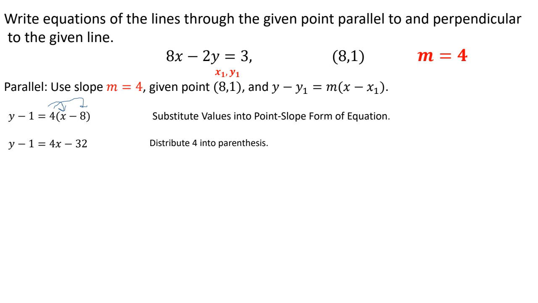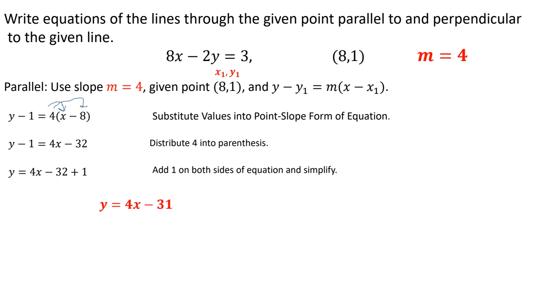Then I'm going to subtract 1 on both sides, and I get y = 4x − 31. If you see here, this equation has the same slope as before, a slope of 4, and a different y-intercept. The one that was given had a y-intercept of negative 3/2, and this one has a y-intercept of negative 31. So now this line is parallel to the given line, and it passes through this point.